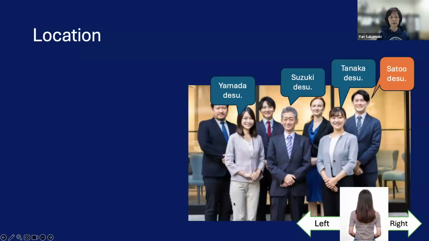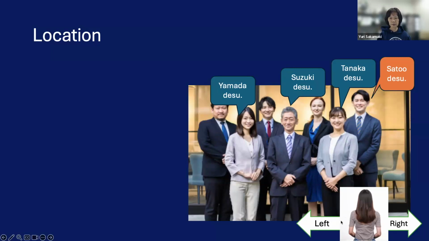So let's use another prompt, pictures, in order to practice where people are. So we're going to, again, imagine we're looking at this photo from this woman's perspective. So right is her right, left is her left. But we're not in a picture.